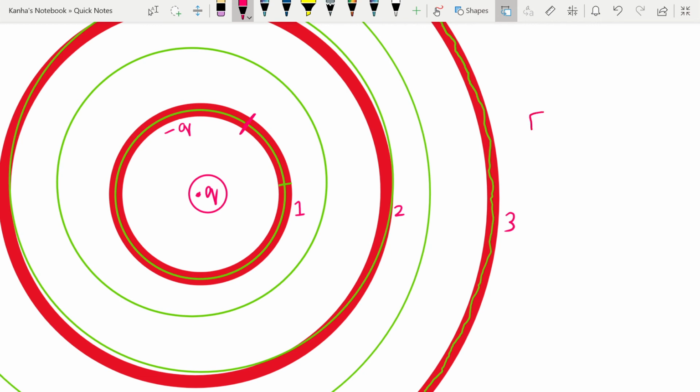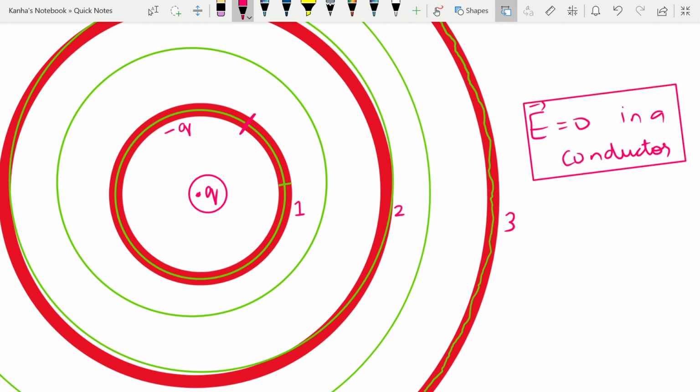E is equal to 0 in a conductor. For E to be 0, your flux has to be 0, and for that the charge inside has to be 0, because flux is equal to q enclosed by epsilon naught. So you introduce a minus q here.